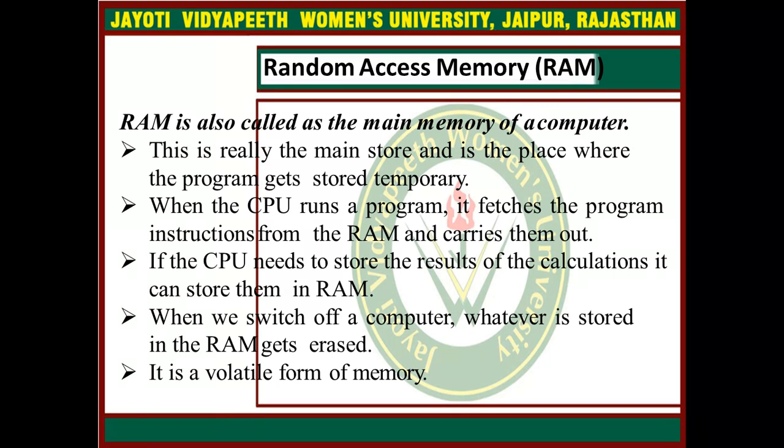When we switch off a computer, whatever is stored in the RAM gets erased. So you can say it is a volatile form of memory. Sometimes in the paper this word volatile is very much used, like explain volatile memory, or in objective type questions, is RAM volatile or non-volatile. So this word volatile is used for random access memory.